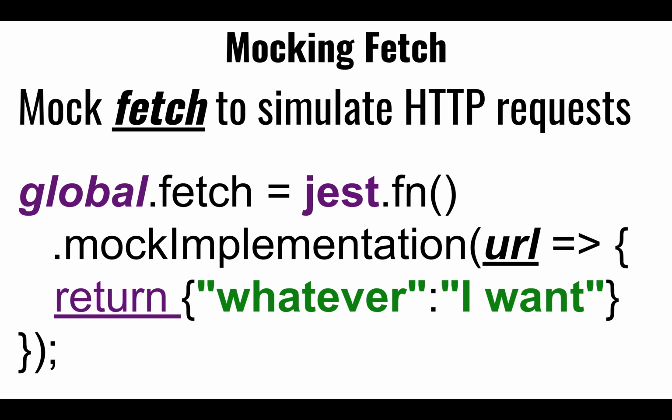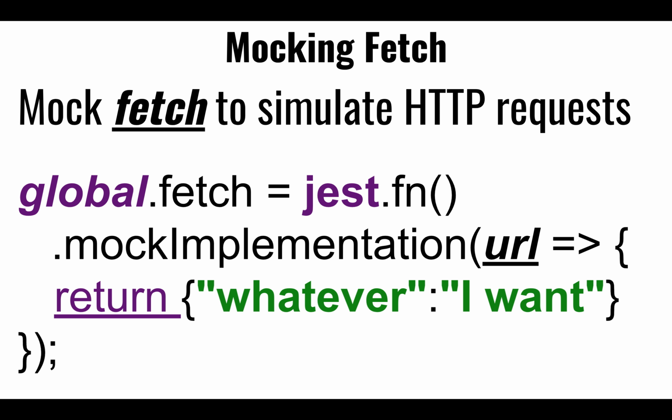Now this fn provides all sorts of nifty little cool things. One of the things that it provides is what's called a mock implementation. This mockImplementation function will take the place of fetch.